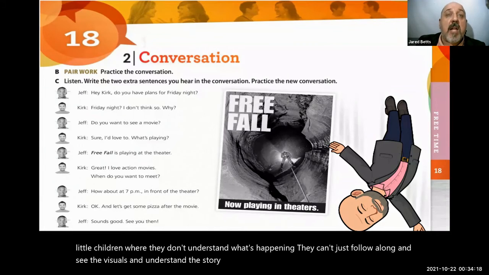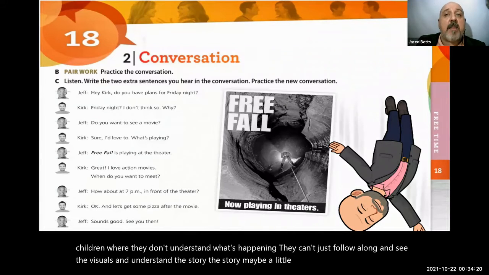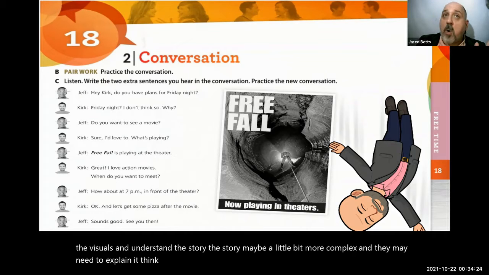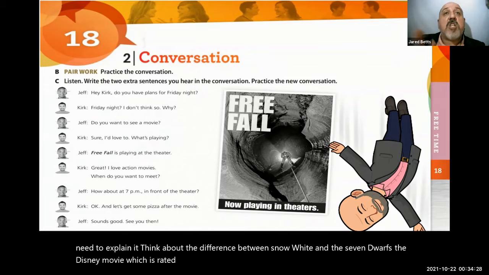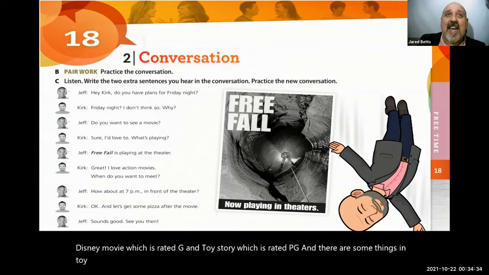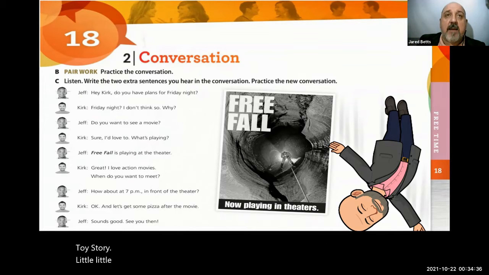The story may be a little bit more complex and they may need to explain it. Think about the difference between Snow White and the Seven Dwarfs, the Disney movie, which is rated G, and Toy Story, which is rated PG. There are some things in Toy Story that little kids may not understand, so a parent may need to explain it.